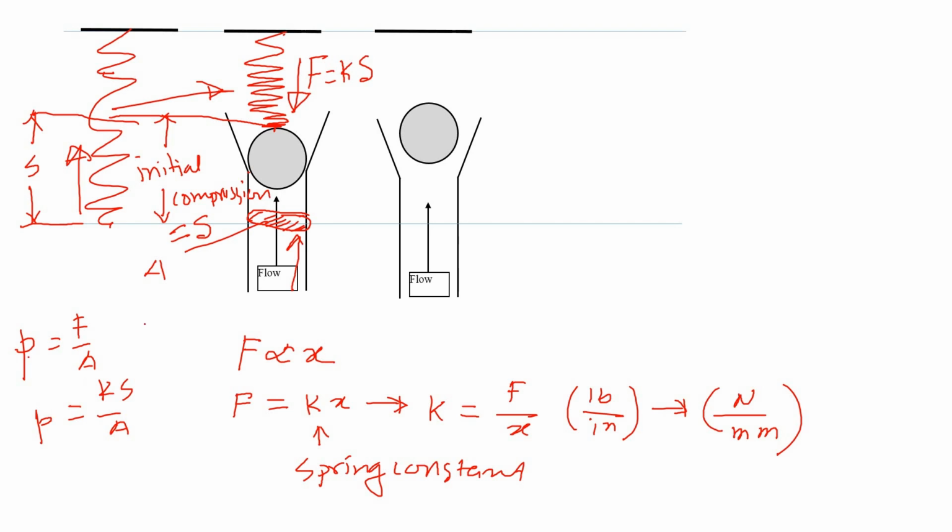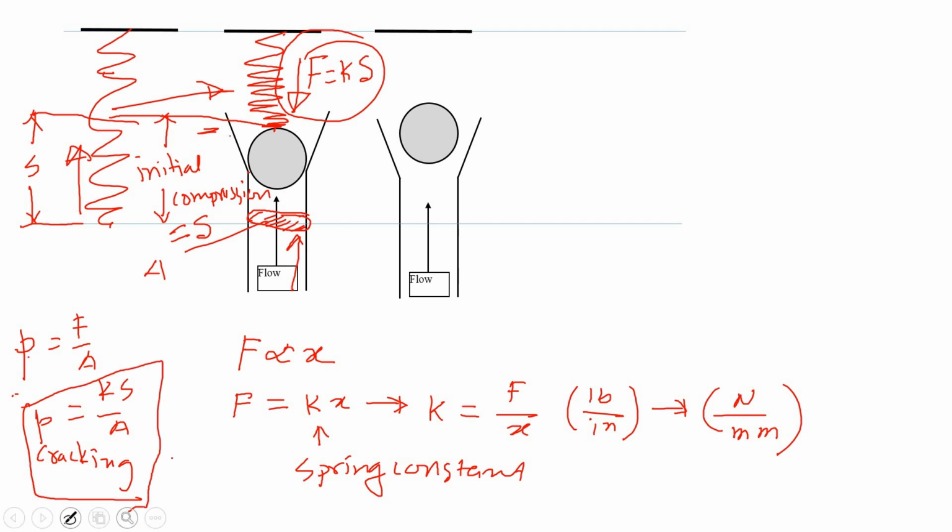Now, this pressure will just balance this force. So that's why it's called cracking pressure. It will not make any flow. It will just produce enough force to balance this initial compression. So that's why it's called cracking pressure. If you apply cracking pressure, there will be no flow, but this ball will be kind of floating.